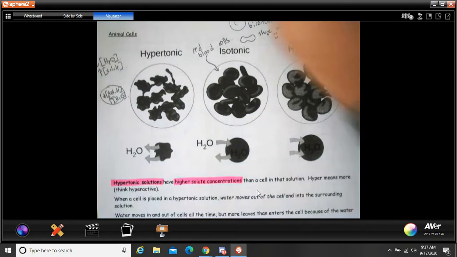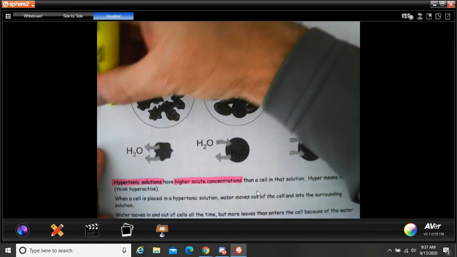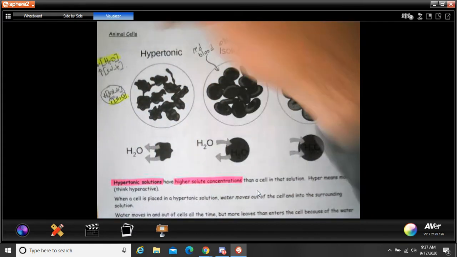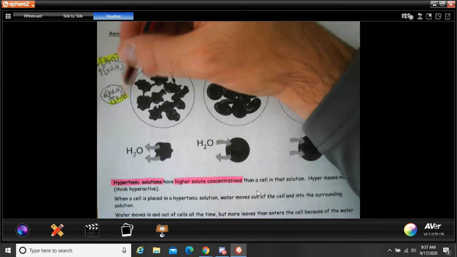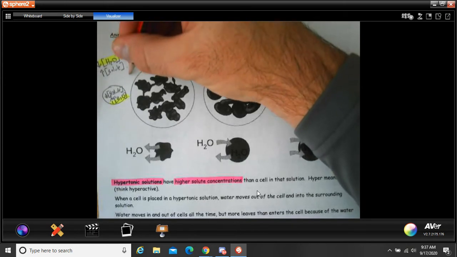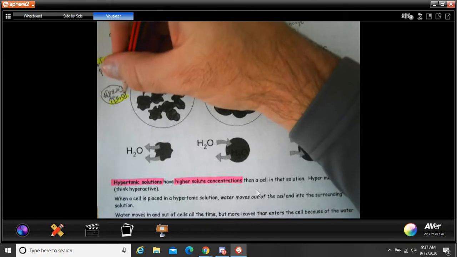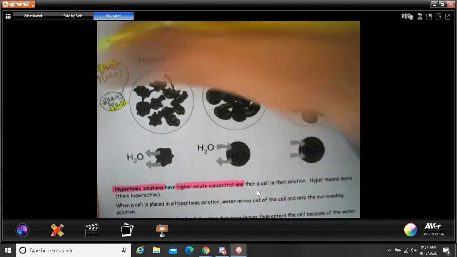And then once we have that, we want to establish where there is high and low water, and then we will see how the water diffuses through that selectively permeable membrane. You'll notice that there's low water outside of the cell, there's high water on the inside. So water will diffuse out of the cell.